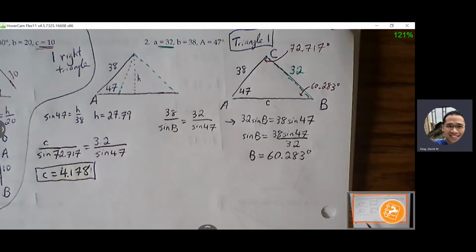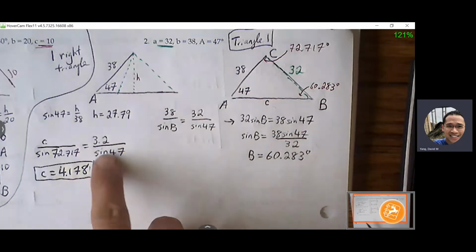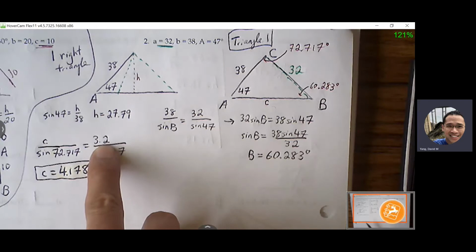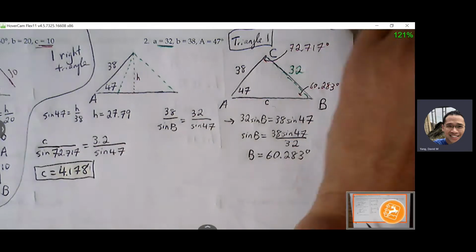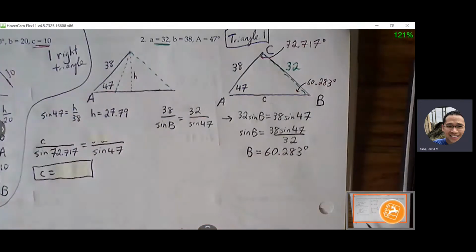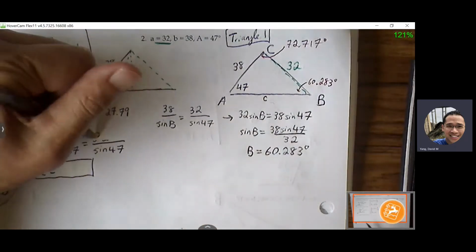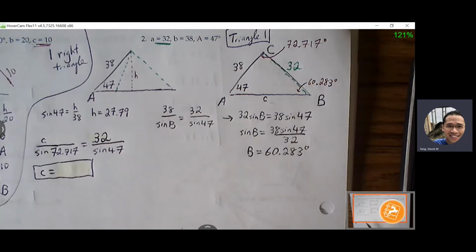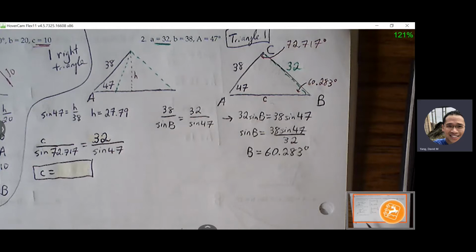Yes, question? Really? Let me see. 3.2. Oh, sorry, 32, my bad. Okay, 41 point.